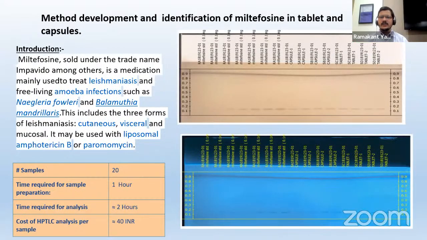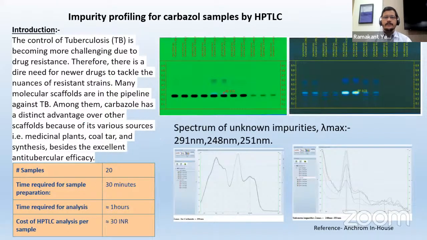This is identification of miltefosine. We developed this method for a reputed pharma industry in India, and after derivatization, miltefosine is detectable. So this developed method is after derivatization. A very good and sensitive method for dissolution studies as well as assay of miltefosine tablet.